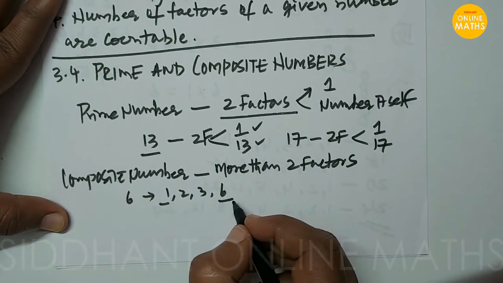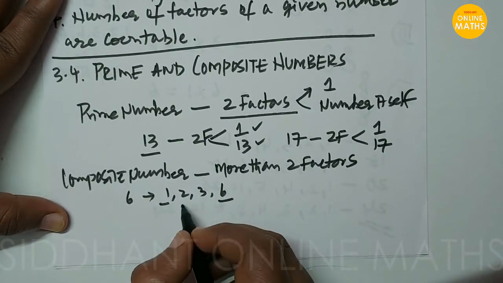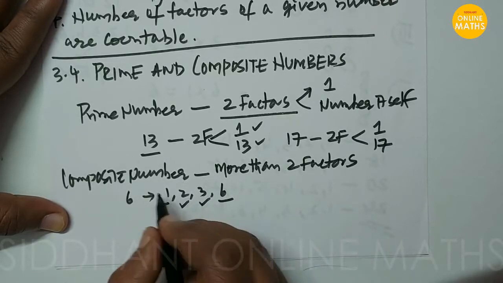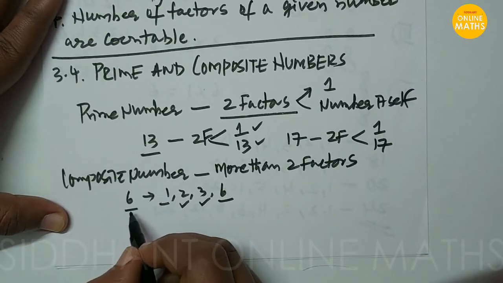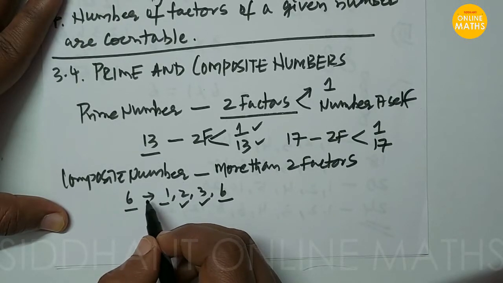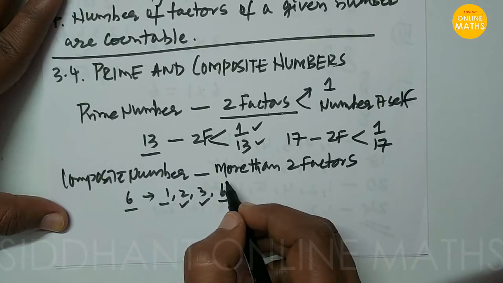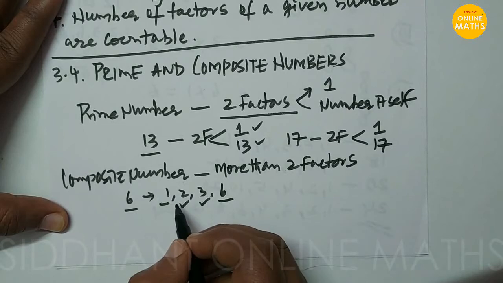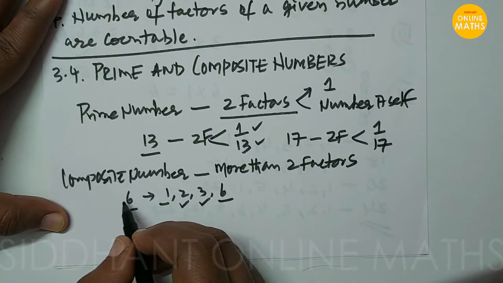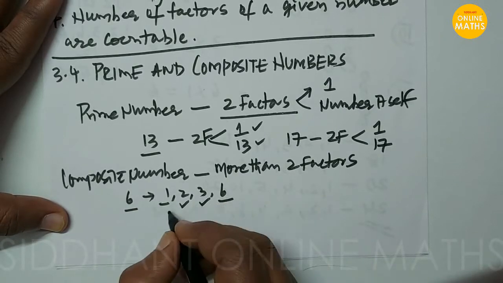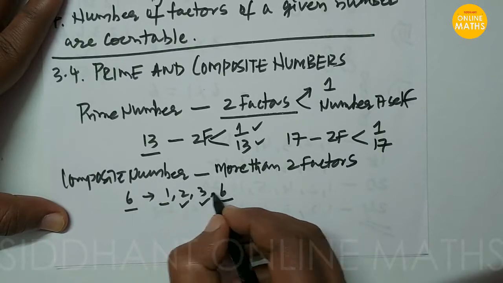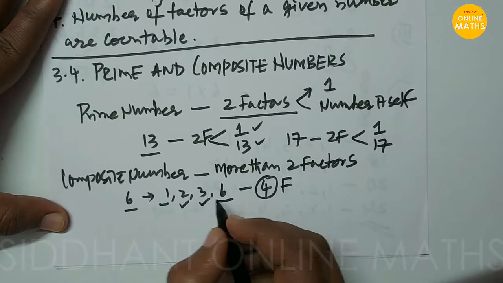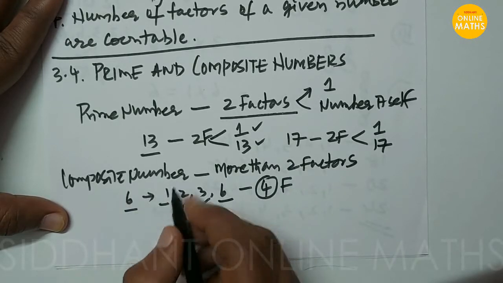But in spite of this 1 and the number itself, you see 2 and 3, the other two factors. So that's why this number 6 is called a composite number. So the number is called a composite number when you have more than two factors. Here we see a total of 4 factors, that is 1, 2, 3 and 6. So we can say that the number is a composite number.